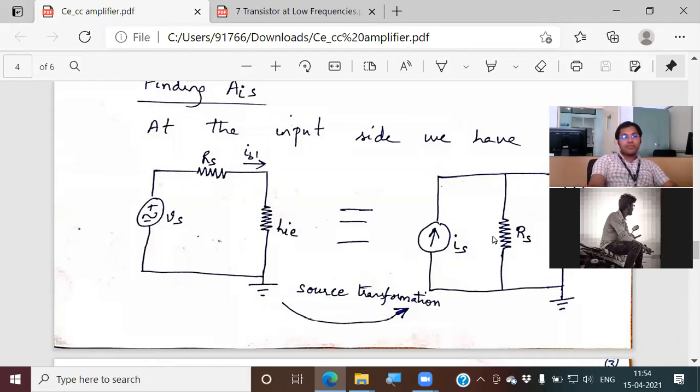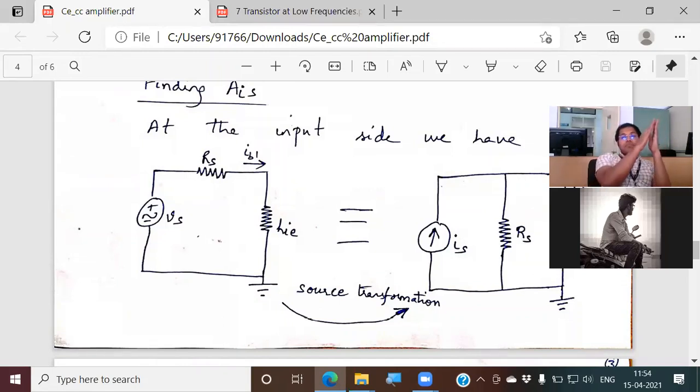IB1 is equal to IS into RS divided by the sum of the two resistors. So IB1 will be IS into RS divided by RS plus HI.